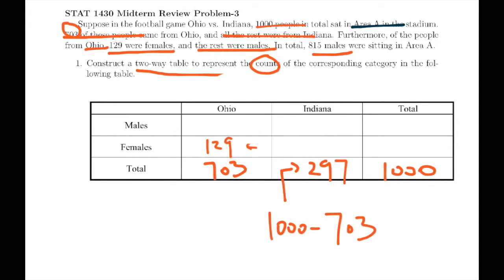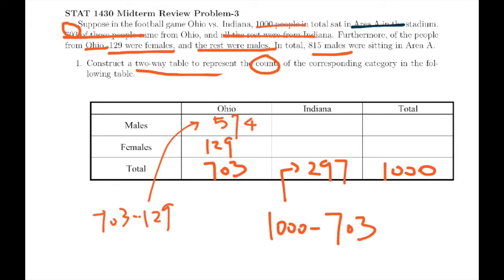And next, we can find the number of males from Ohio. That can be done by using 703 minus 129. If you do the calculation, the total count of males from Ohio is equal to 574.